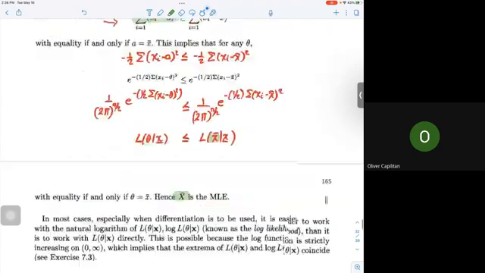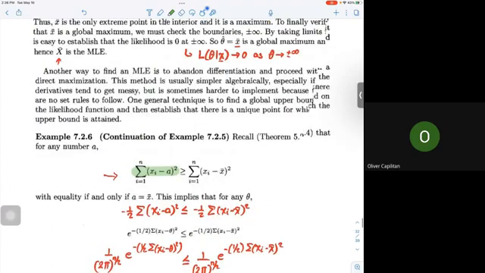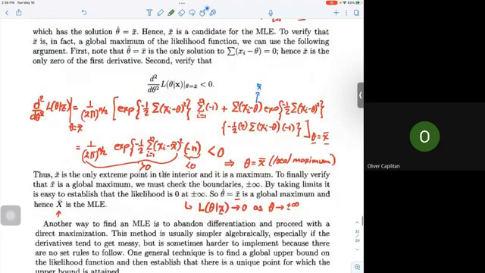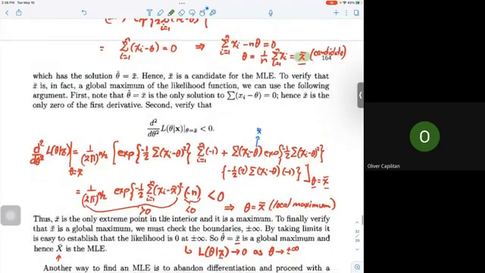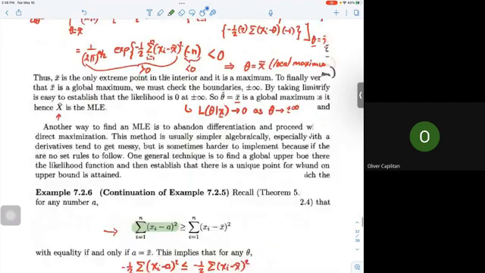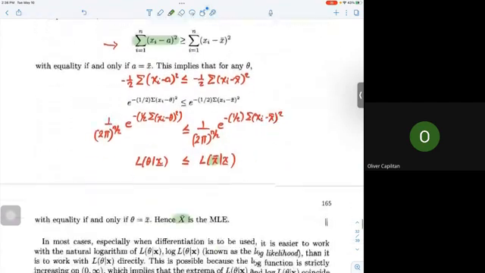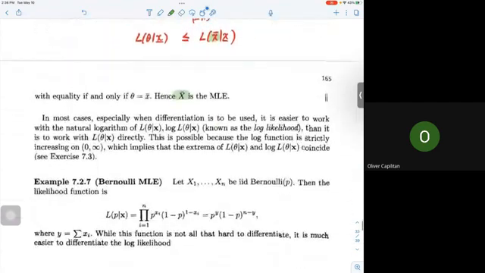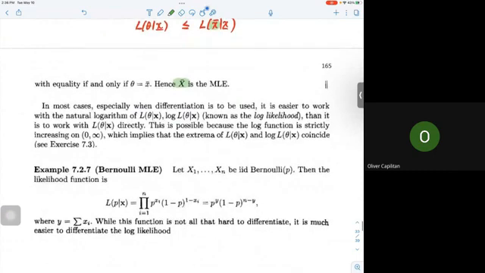Kasi yung pinakita natin ito because hindi na natin hinanap yung derivative of our likelihood function. So in most cases, especially when differentiation is to be used, it is easier to work with the natural logarithm of our likelihood function of theta given x.